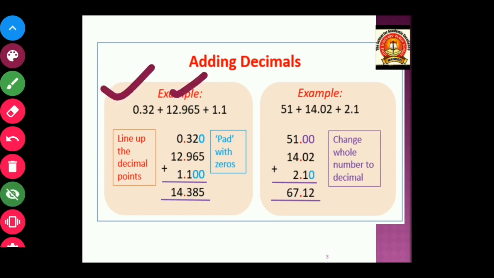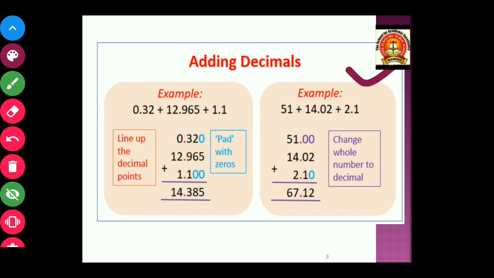You have one more example here. 51 you need to add with 14.02, and again you have to add 2.1. So 51 is a whole number here. We can change it into a decimal by giving 2 zeros to the right of the decimal, which does not change the value of that whole number. 51.00.